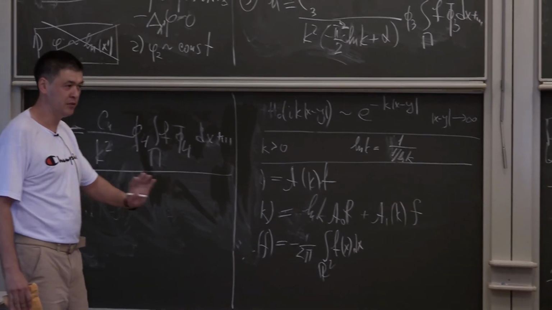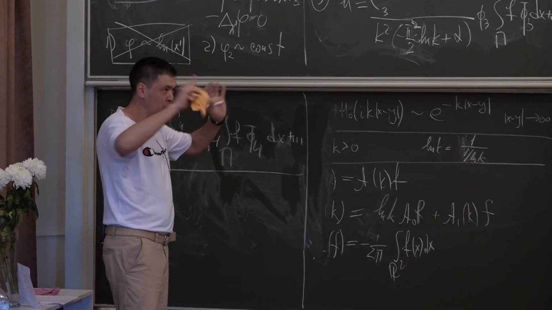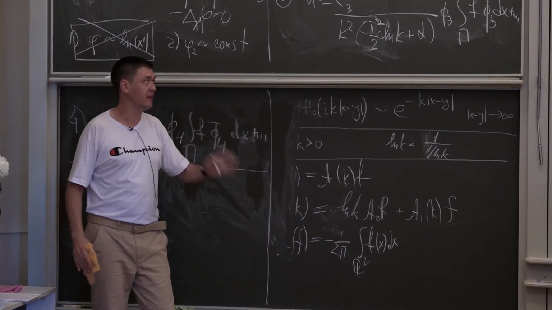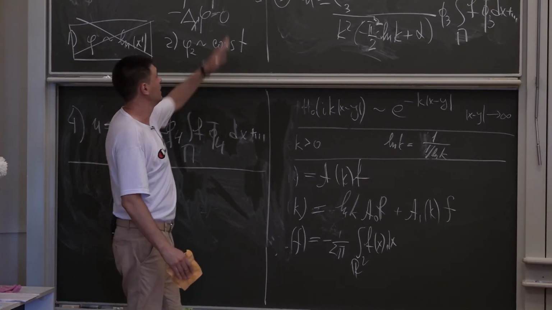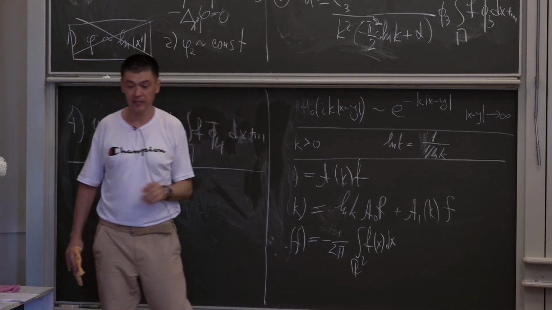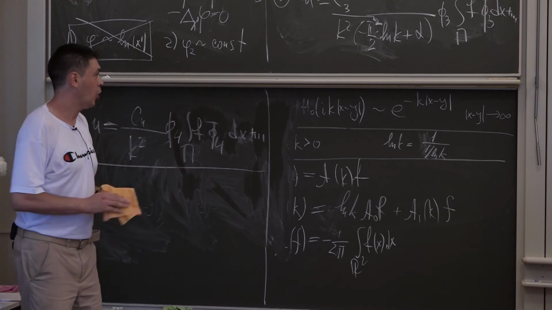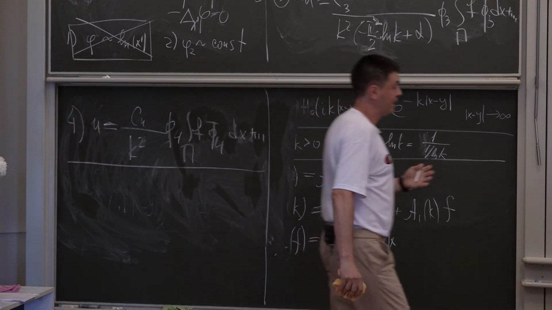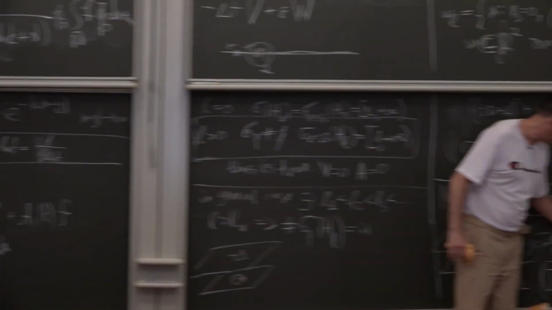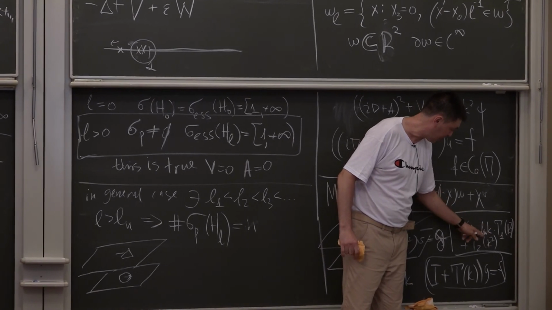It may be like 15 pages of fighting with huge matrices, since I studied a general case when I have one or two such solutions, and finitely many such solutions, so it was quite complicated. But actually, the main point was again to apply a variation of this Birman-Schwinger principle to this equation, and just study the behavior with logarithm.